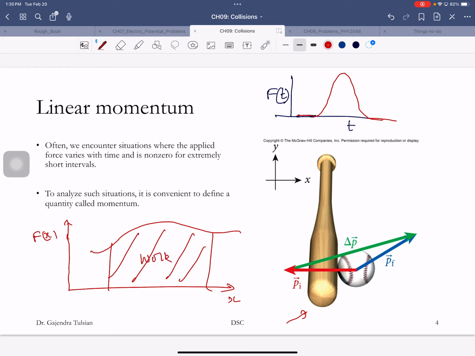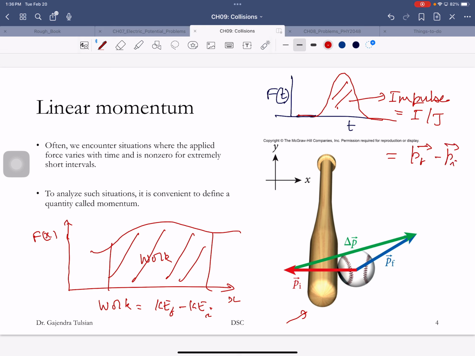This area was the work done by the force, and work changed kinetic energy. This area, it turns out, is called impulse. It's denoted by I or J in some books. This changes linear momentum, and it is a vector quantity. So it's a very similar theorem as last time.